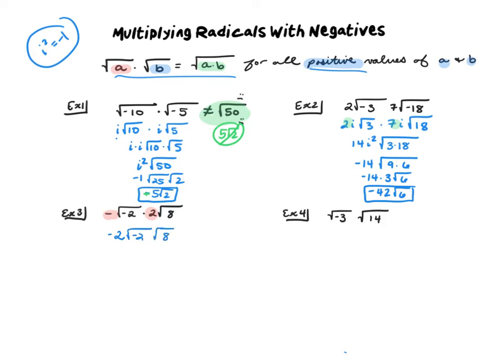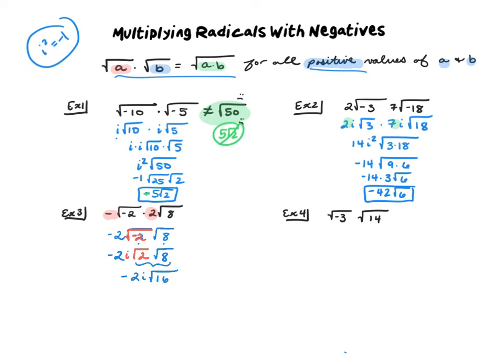Okay, so now before I multiply this root negative 2 and root 8 together, because they need to be positive, I'm going to rewrite root negative 2 as I root 2. But then this negative 2 is still there, and this root 8 is still here. So what we have is negative 2I. I'll multiply these together and get root 16.